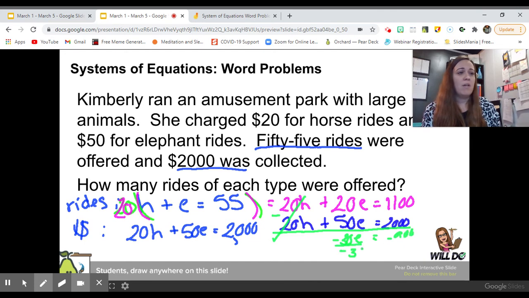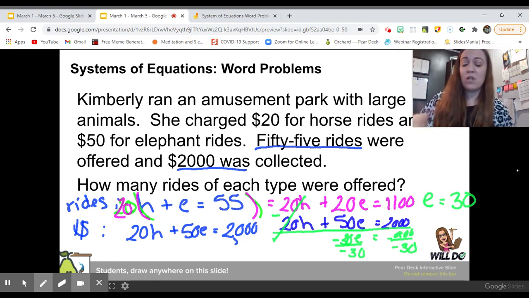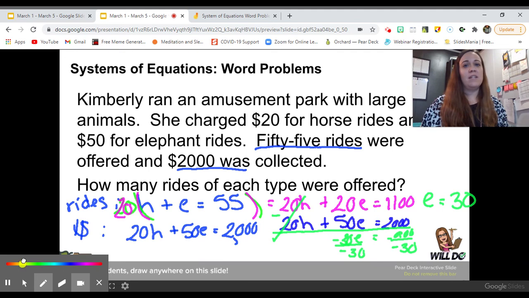Then I need to divide on both sides. So my elephant rides, I'm starting to run out of room. If I do negative 900 divided by negative 30, that gives me 30. So there were 30 elephant rides. Okay, now let's remember how many rides in all there were. There were 55 rides. So right here was our in-all equation: horse plus elephant is equal to 55.